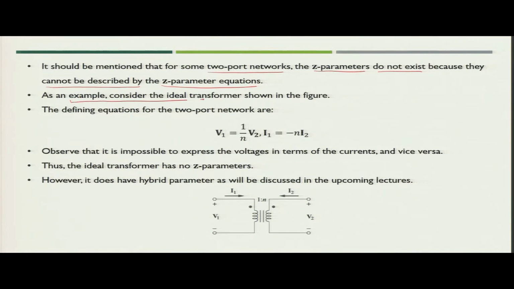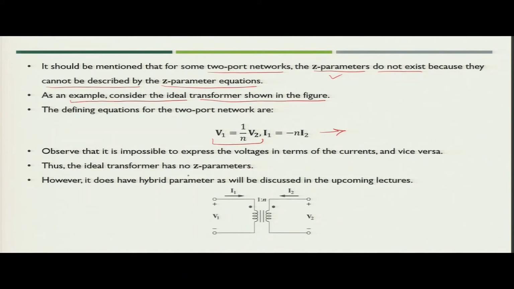If you consider an ideal transformer, as in the figure below, having turns ratio 1:n, what you can write is V1 is nothing but 1 by n of V2 and I1 is minus n of I2. If you see these two equations, you cannot represent them in the form of Z parameter equations.